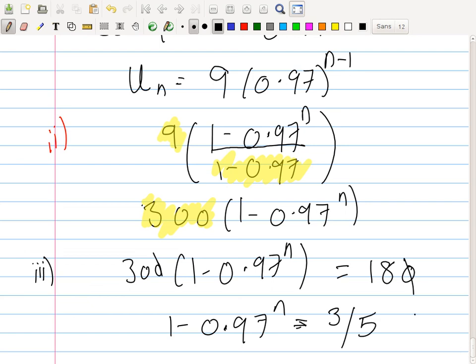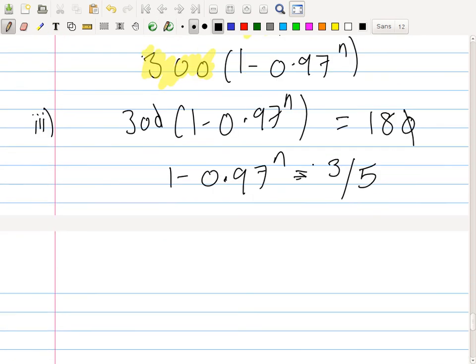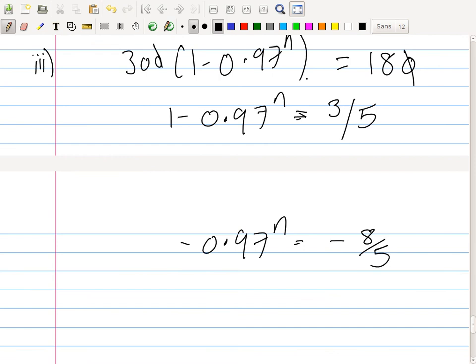No, minutes in this case. What's 3/5 minus 1? That'd be minus 8/5. So I get minus 0.97 to the n equals minus 8 over 5, or if you want that as a decimal, 1.6. So I can cancel the minuses. I get 0.97 to the n equals 1.6.